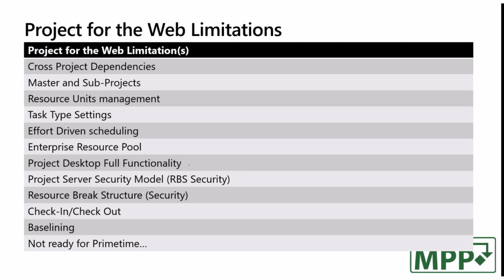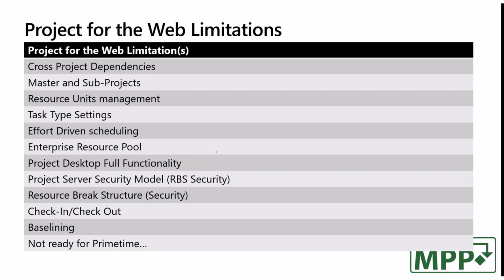We also don't get all of the Project desktop's full functionality. There are a lot of features and functions on the desktop that we simply do not get with Project for the Web. Project for the Web is only in the browser, has a lot of capabilities, and one would argue that those capabilities are enough for many organizations.